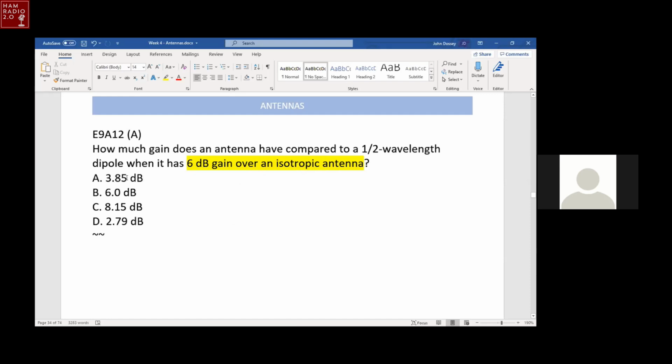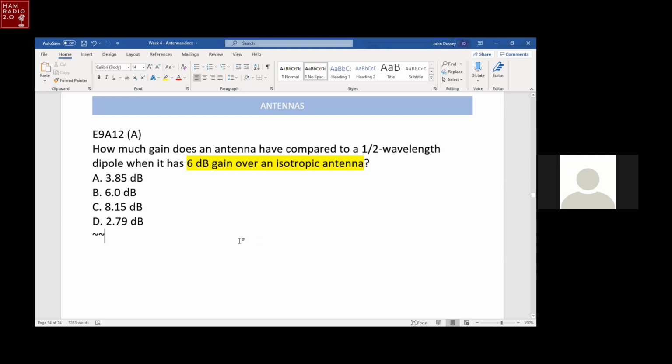And it's 3.85 because this antenna has 3.85 over a dipole and the dipole has 2.15 over an isotropic. So this antenna we're talking about has 6 dB gain over isotropic. It's just in 2 parts, 3.85 over a dipole and 2.15 over the isotropic.